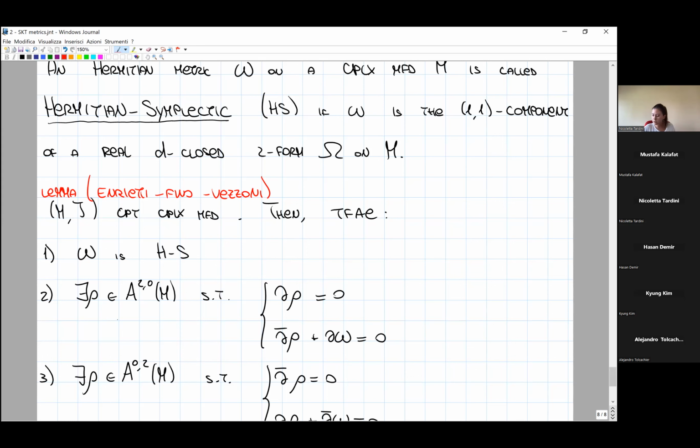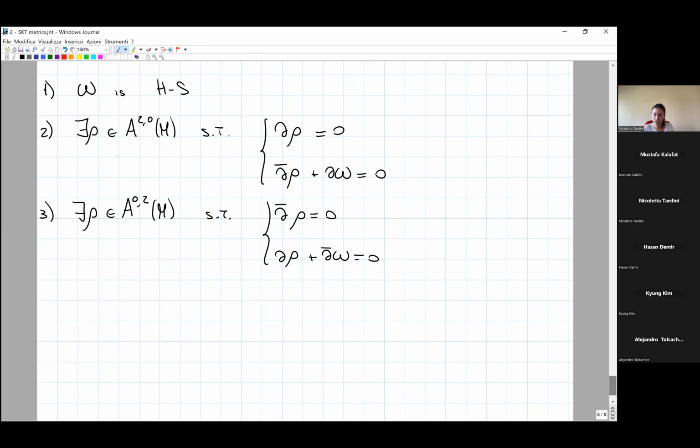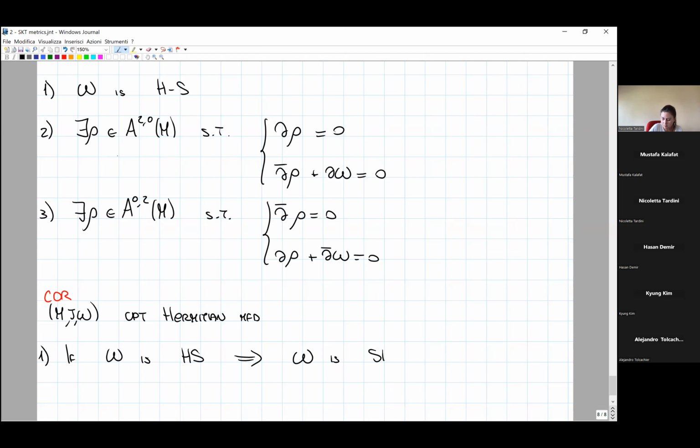So we have an equivalent condition to the Hermitian symplectic condition in terms of the existence of this 2-0 form. As a corollary of this, suppose that (M, J, omega) is a compact Hermitian manifold. Here is the relation with SKT geometry. If omega is Hermitian symplectic, so it's the 1-1 part of a symplectic form, then omega is SKT.